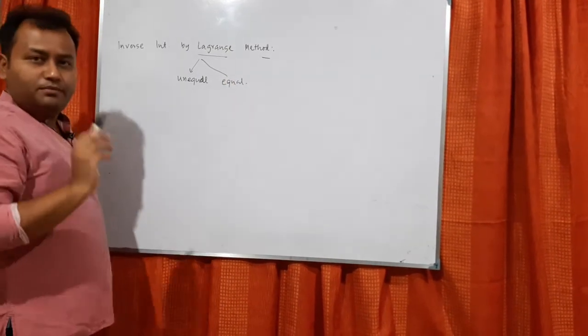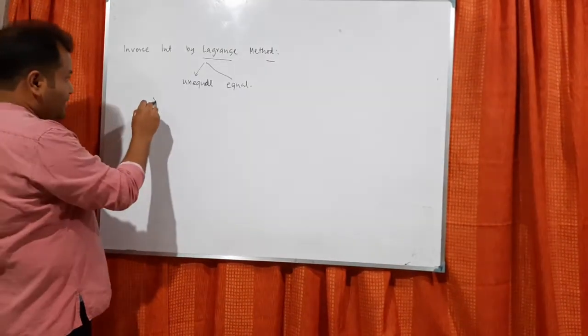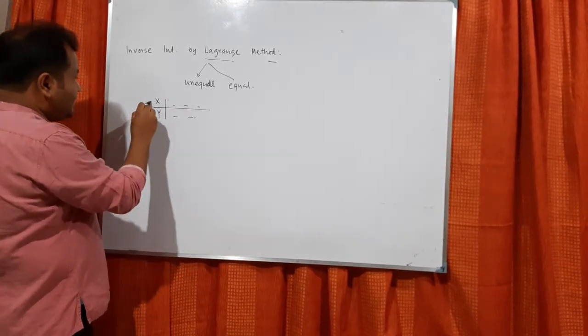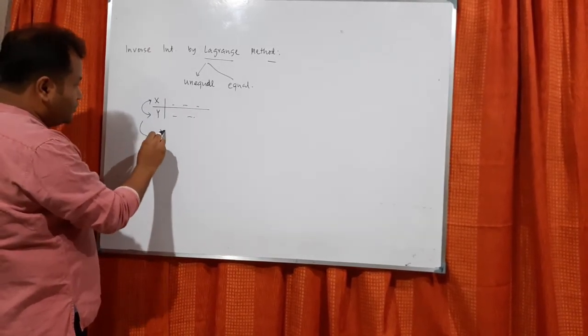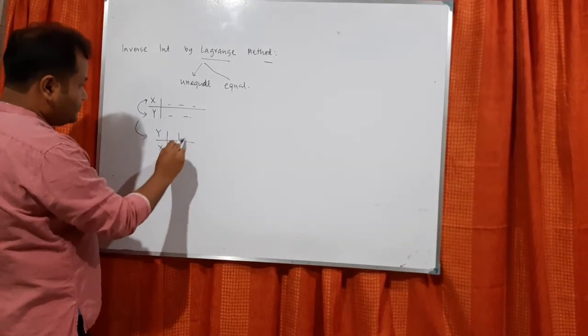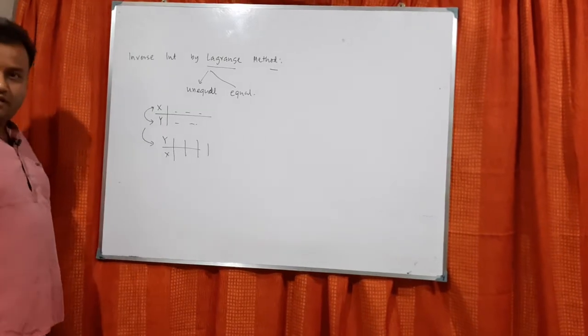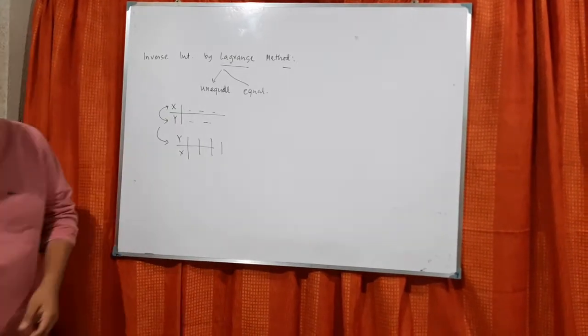So that is no problem. So what we will be doing, suppose x and y are given to us, we change the roles, we make a table of y and x. Then we do the same process of the Lagrange method. So let us give one example.